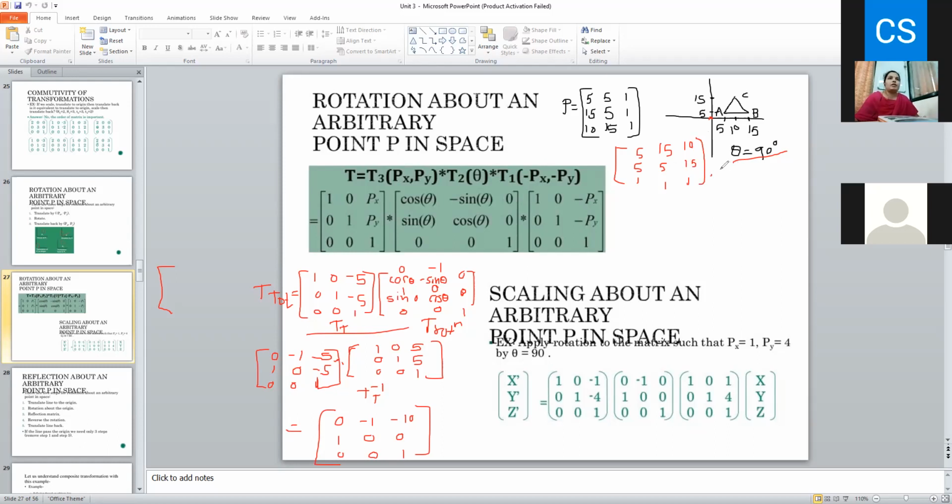When I multiply this with this T matrix, 0, minus 1, minus 10, then 5, 5, 15. Oh, sorry, 1, 0, 0, this T matrix, and 0, 0, 1.